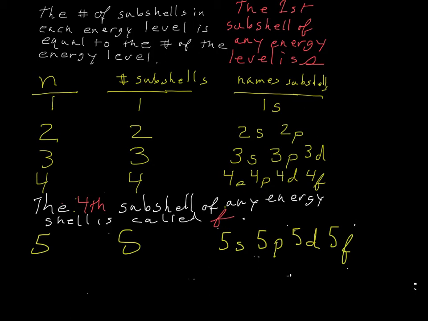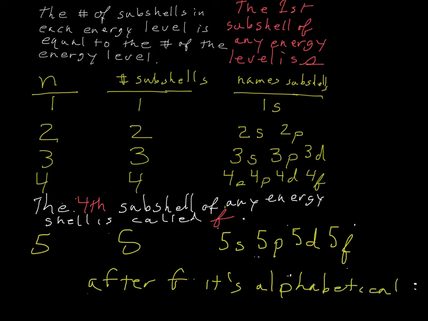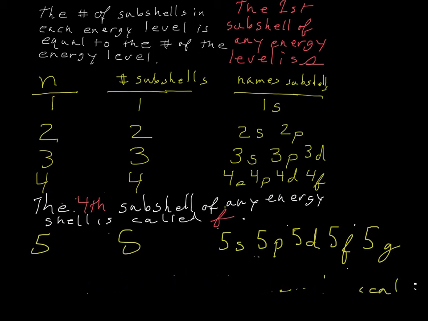And after F, it's alphabetical. So it's going to be E, F, G. So it would be the 5G. However, it should be noted the 5G is a theoretical construct and not occupied in the ground state of any atom.